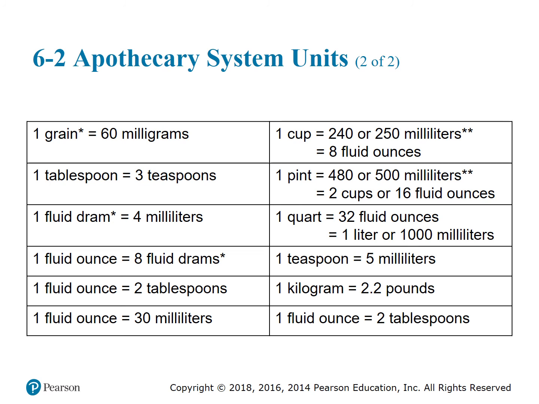So these units from the apothecary system express medical units. And so again, in Unit 11, we'll look at this more. These units are slowly but surely being replaced by the metric system so that medication dosages are more uniform.